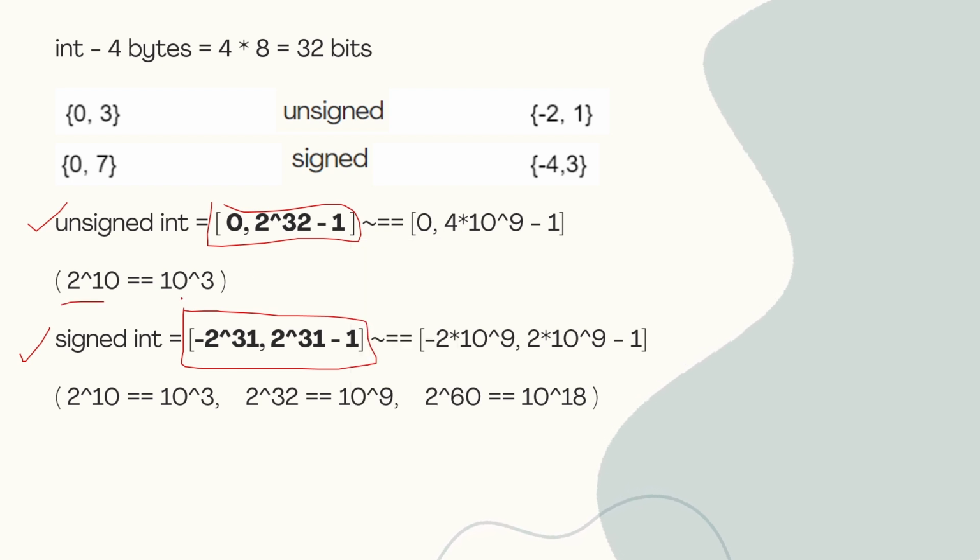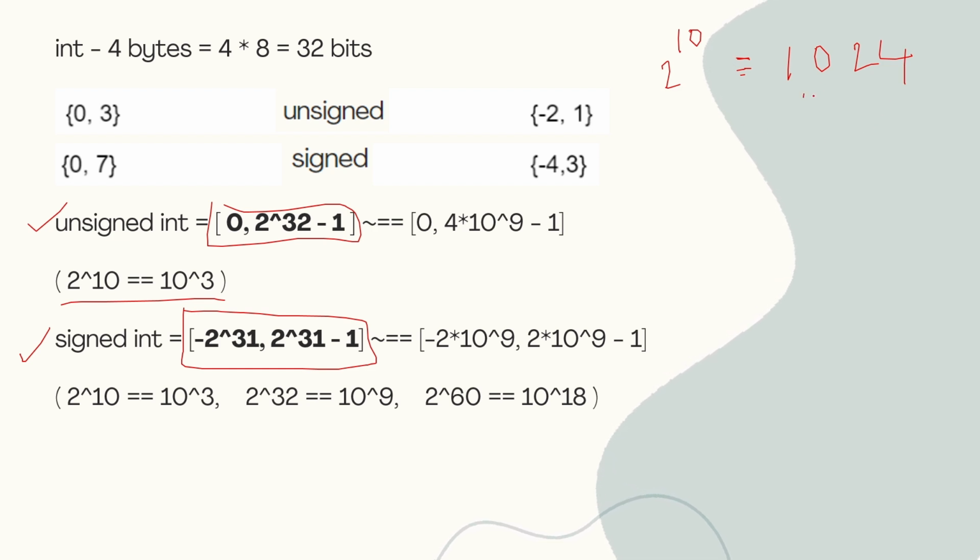I've written 2 power 10 equal to 10 power 3. What does this mean? Generally, 2 power 10 is what? It's 2 power 5 into 2 power 5. 2 power 5 is 32, so 32 into 32 you will get 1024. 2 power 10 is 1024.